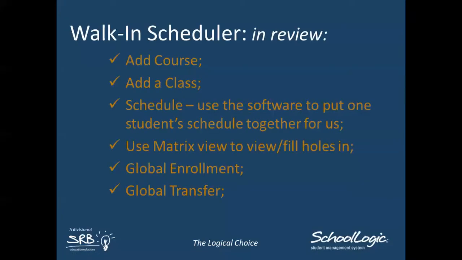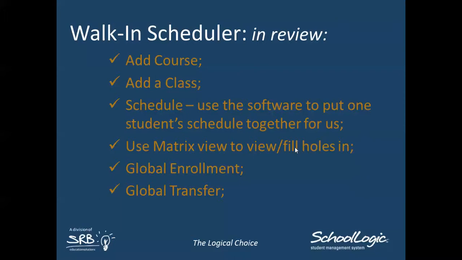So, let's review what we've done. We've talked about adding a course. We talked about adding a class. We did the schedule business where we let the software choose which classes. We picked the courses we wanted the kid in, Caden, and the software picked the classes for us. That was nice. We used the matrix view to view a kid's schedule by time of day.